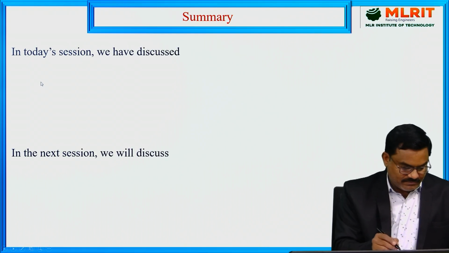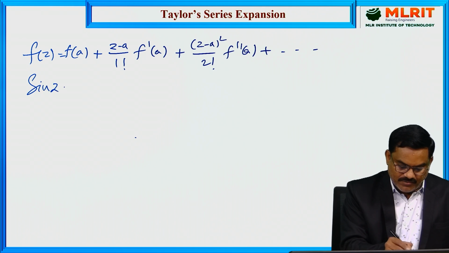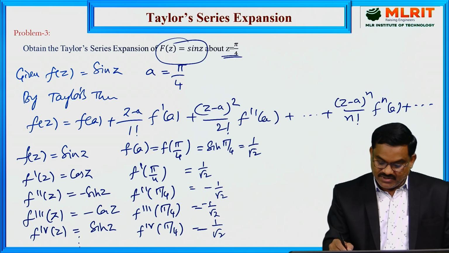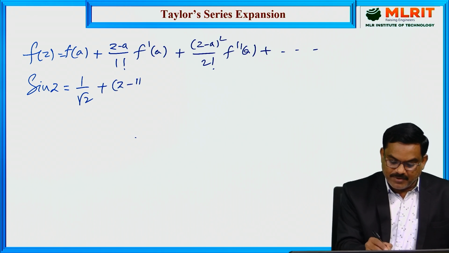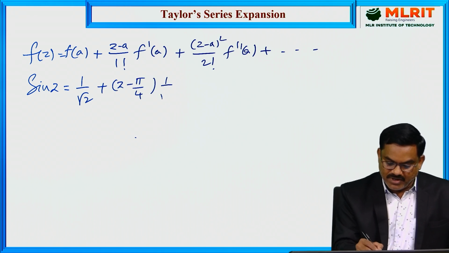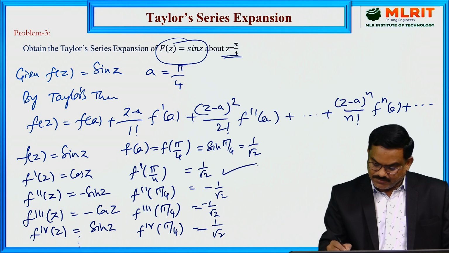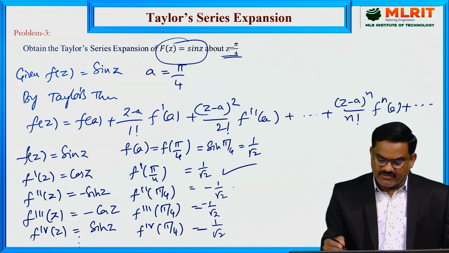Sin z equal to f(a), which is 1 by root 2, plus (z minus pi by 4) into 1 by root 2. The second one is plus, the third one, second order derivative, is minus.